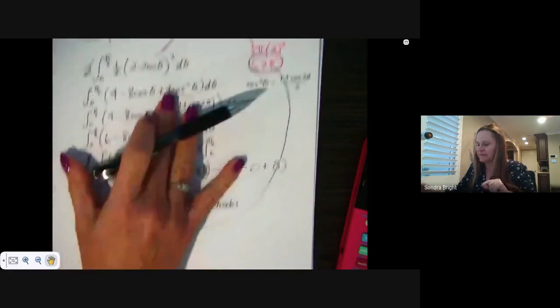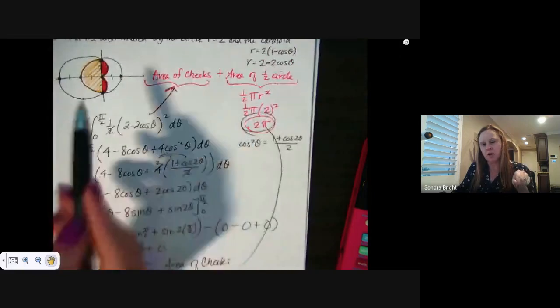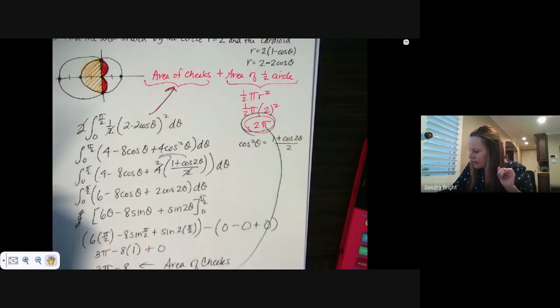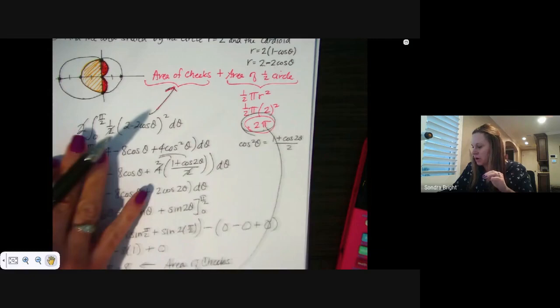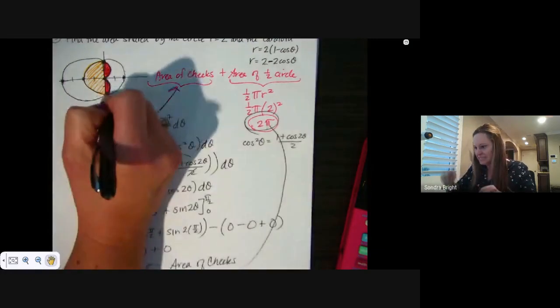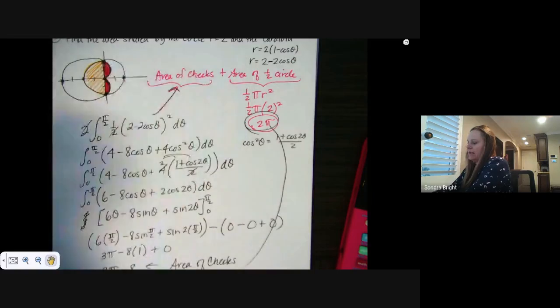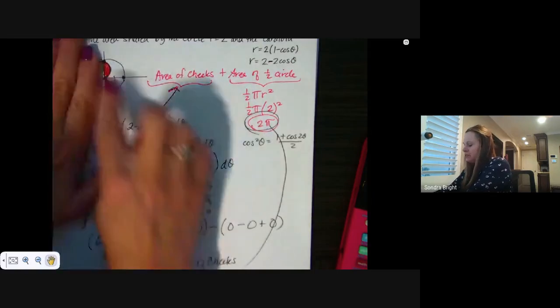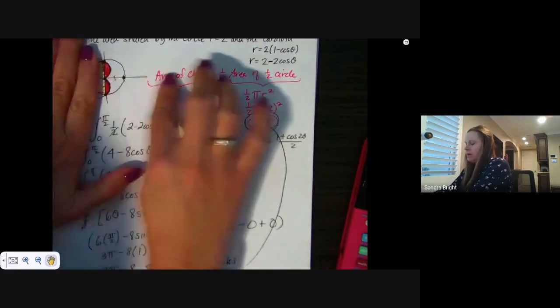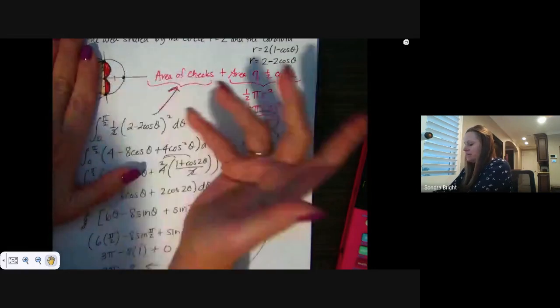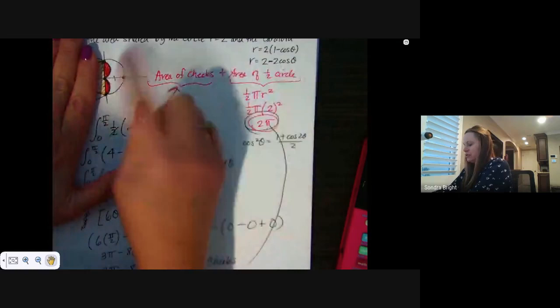I didn't have to do R2 squared minus R1 squared, because all I was doing was finding the area inside the little bumps of the cardioid. Had they asked you, let's even just look at the right-hand side of the graph, had they asked you for the area outside of the cardioid, but inside the circle.